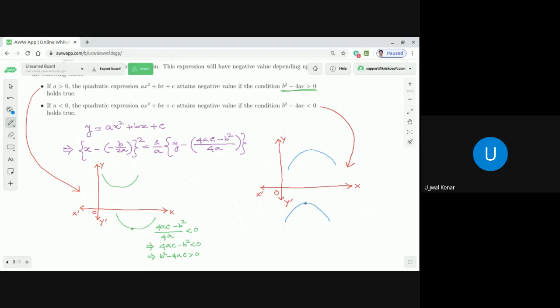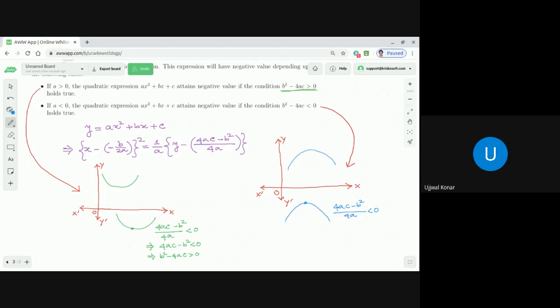For the negative value, what you are going to have, dear students, is that the y coordinate of the vertex should be less than 0. So what is the y coordinate of the vertex? 4ac minus b square divided by 4a should be less than 0. But here a is less than 0. So if you multiply both sides by 4a, that means you are multiplying both sides with a negative quantity.